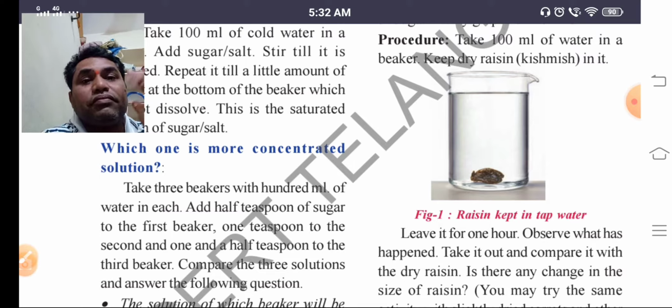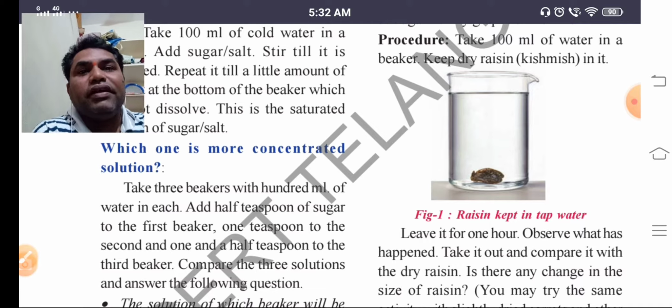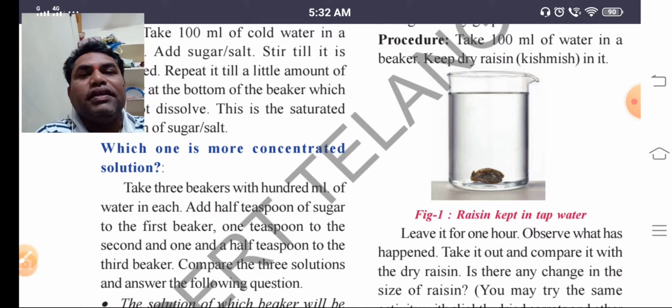Here, let us take 3 beakers A, B, C. In beaker A, you have to add the half teaspoon of sugar. In beaker B, you have to add 1 teaspoon.